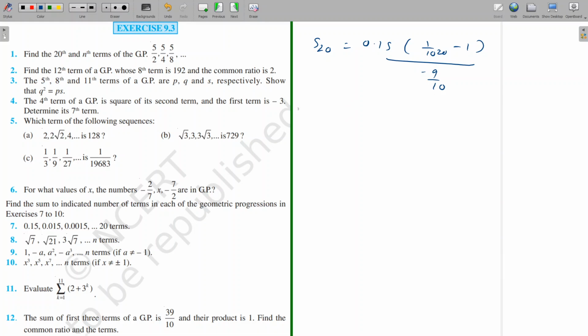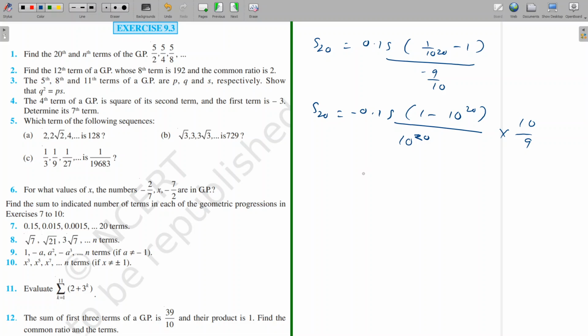So this can be written as S20 equal to 0.15, and generally we do not take minus in the denominator, so we will put it here, and this one we can write as 1 minus 10 raised to 20 over 10 raised to 20, into 10 by 9.